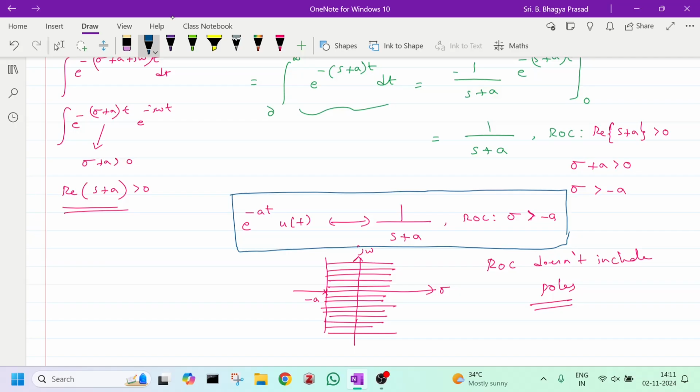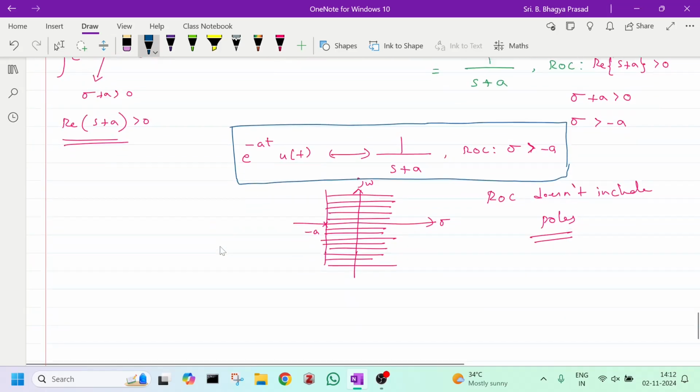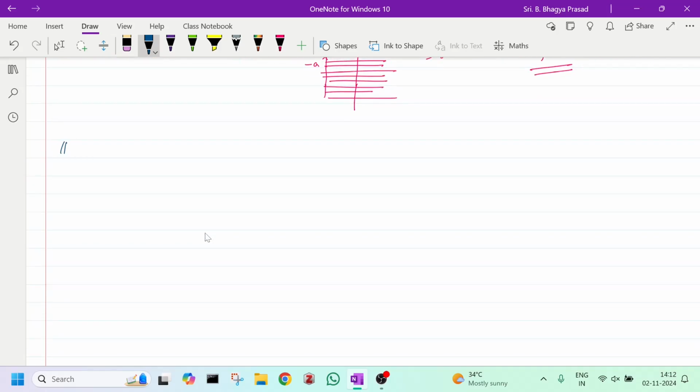Let us solve for the left-sided signal. X of t is minus e power minus at u of minus t, the left-sided signal. For this one, let us solve.